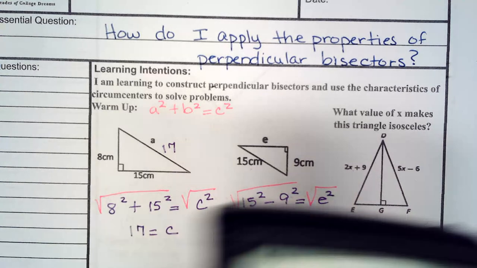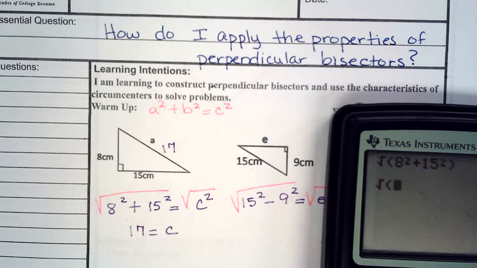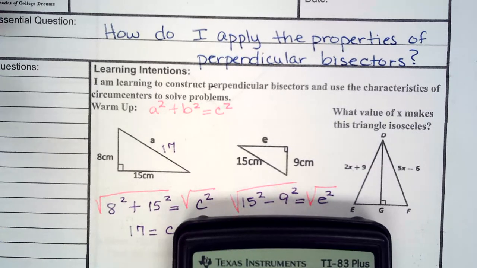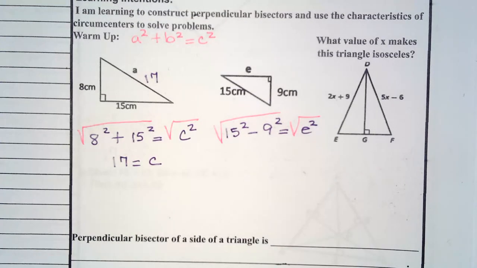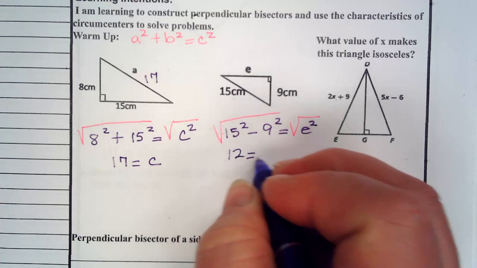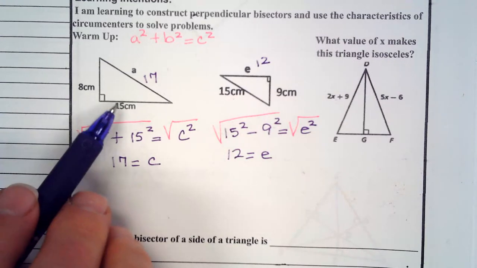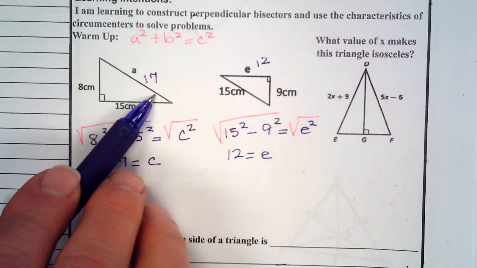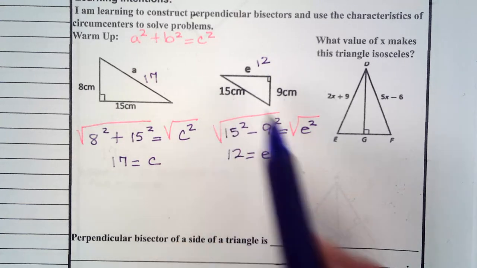Once again, we can do this all at once. The square root of 15 squared minus 9 squared. Close it off. And you get 12. So, 12 is equal to e. So this is an 8, 15, 17 right triangle. This is a 9, 12, 15 right triangle.